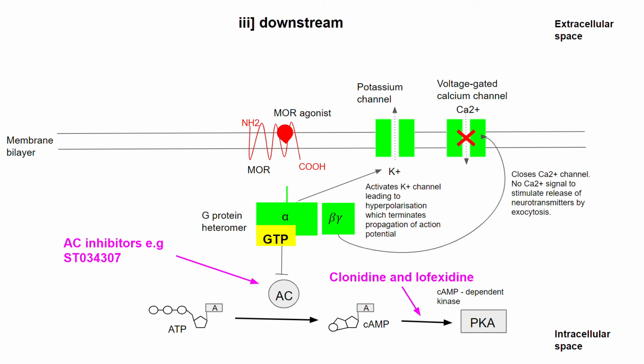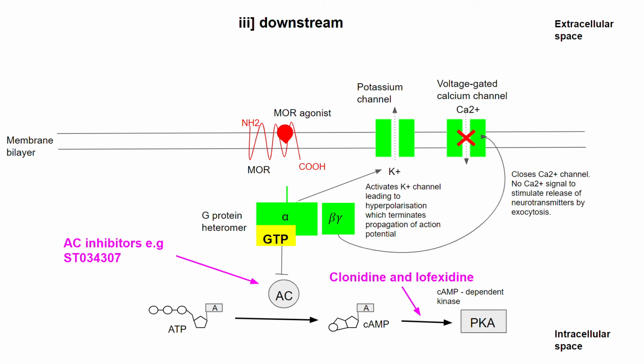The difference between tolerance and dependence is that in tolerance you need more and more opioid agonist for the same effect, and in dependence you're basically addicted and you get withdrawal symptoms, and that's caused by the body trying to make adaptations to compensate for this chronic exposure. Your receptors are not meant to be activated all the time, so your body will compensate for this by upregulating certain pathways and things like that.